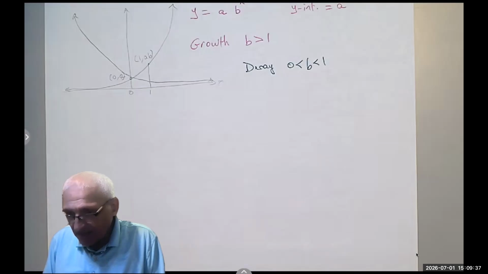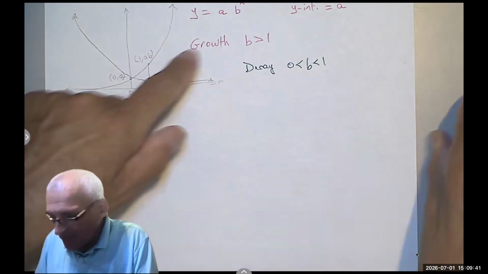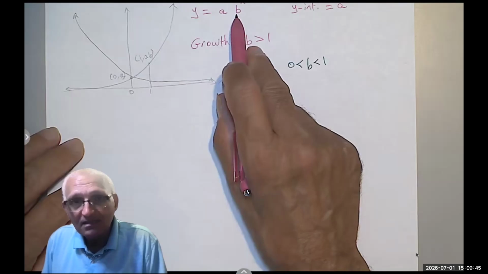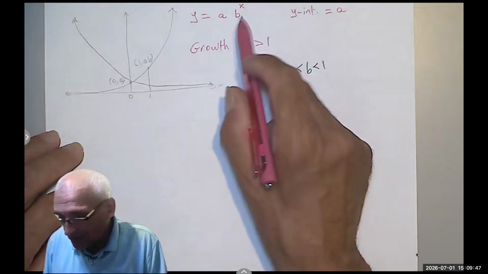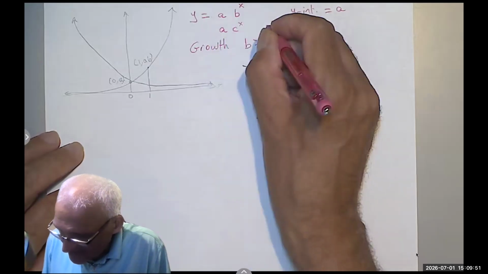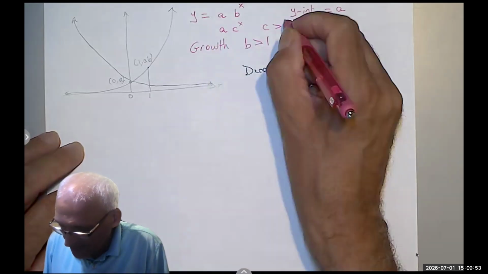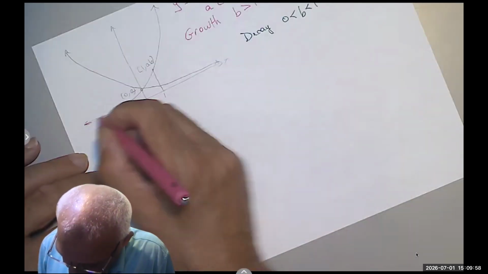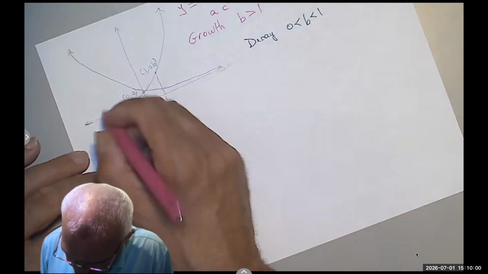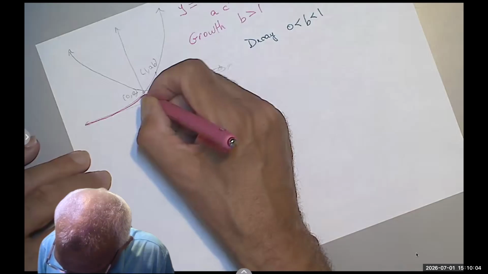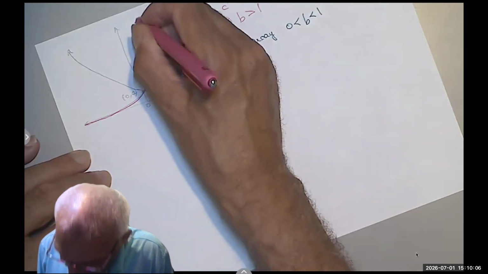What else I needed to say? Yeah, if this b gets larger, so if I have c to the x and c is greater than b, then this plot will go higher faster.